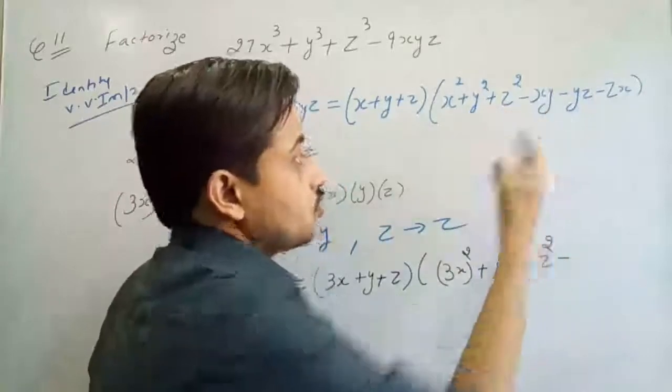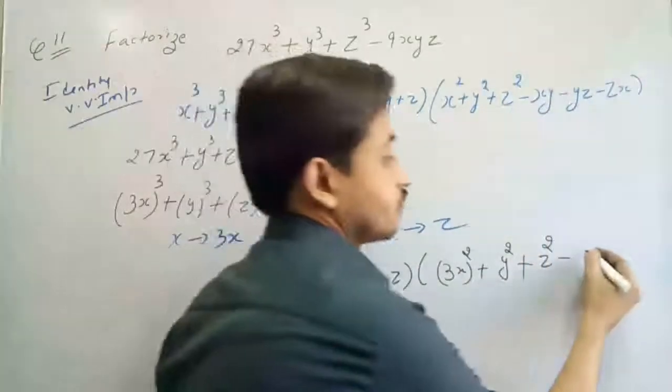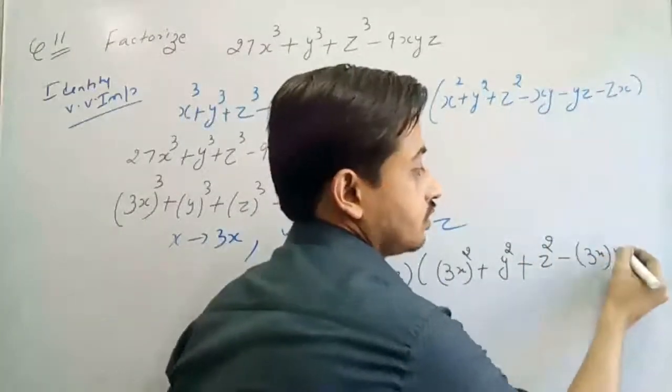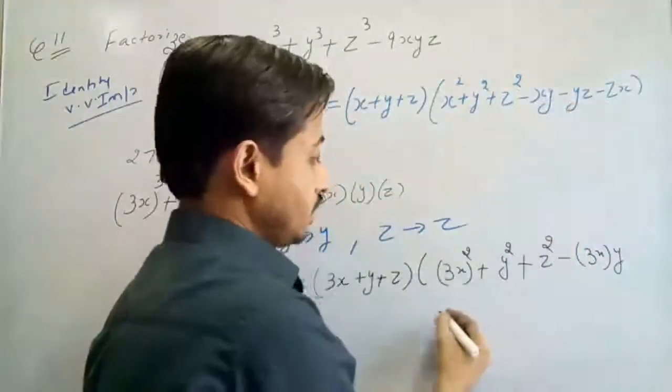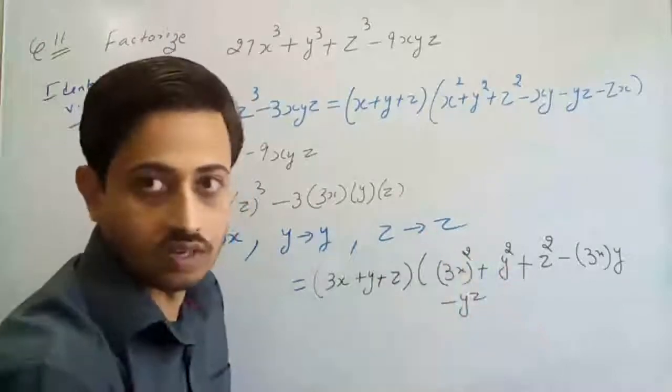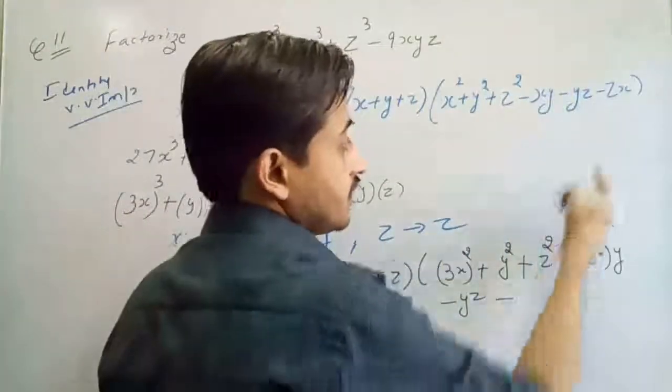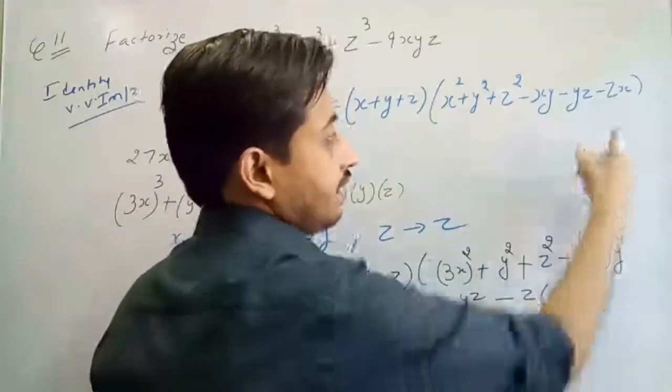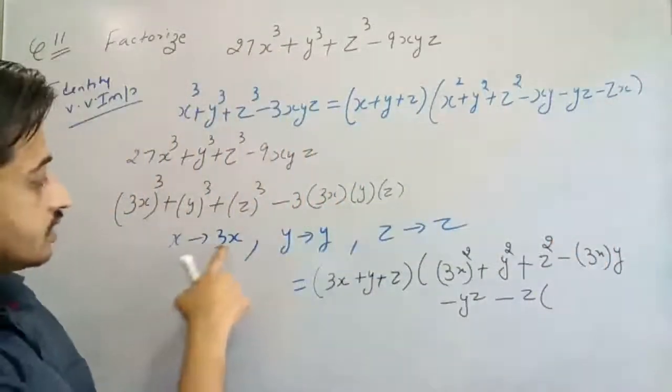Now x into y, x is 3x, so 3x into y, minus y into z, y is y and z is z. So we get yz, minus z is z and x is 3x.